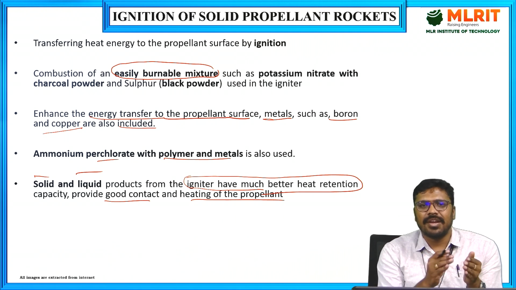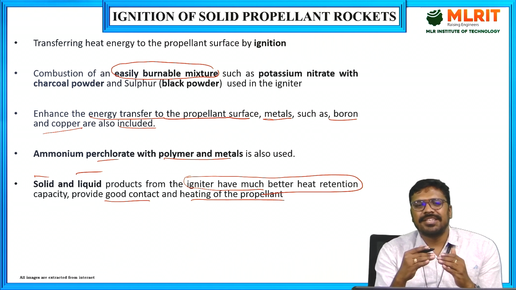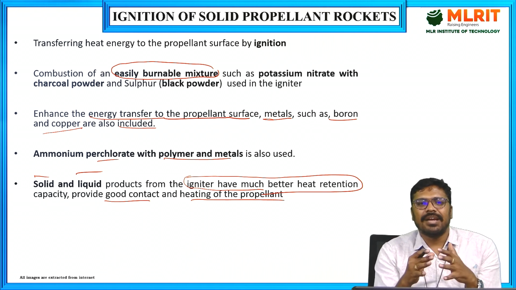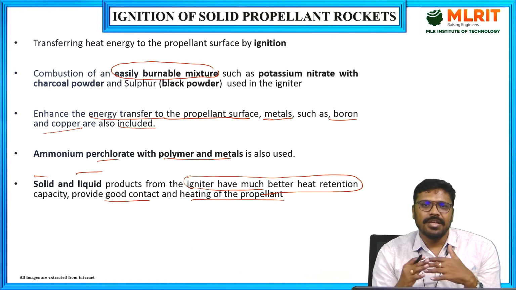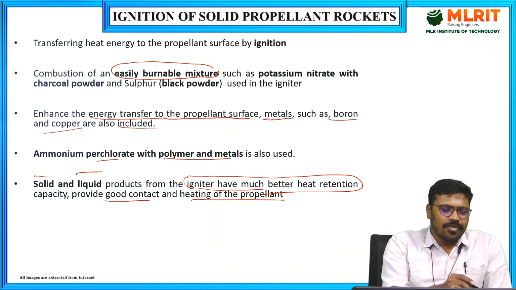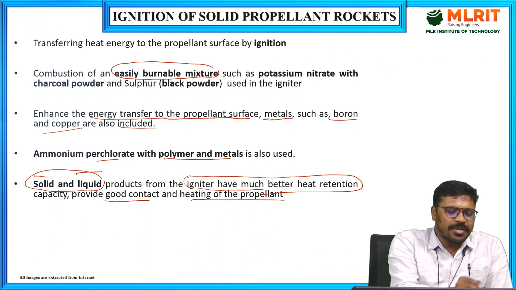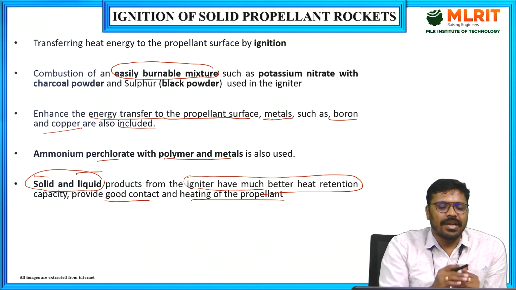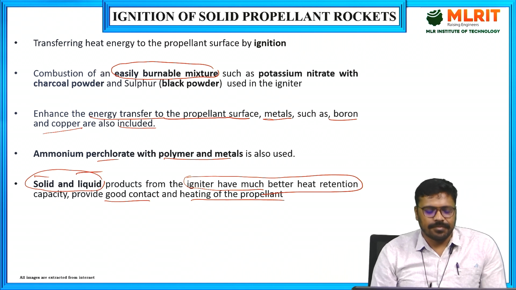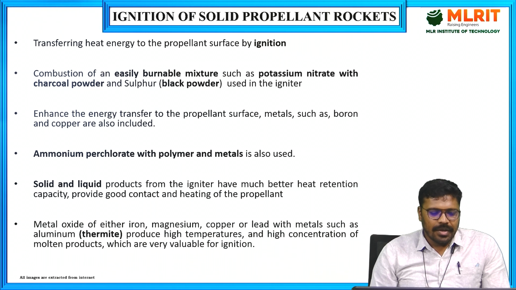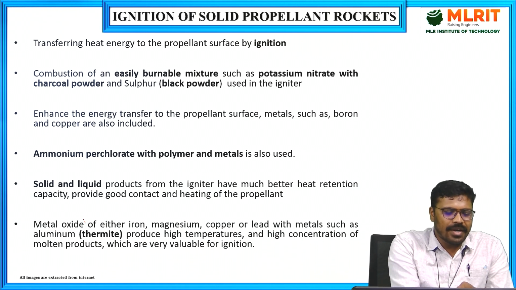When they contact the propellant grain, they transfer energy to it easily, and the propellant grain starts burning immediately. So we try to make the mixture such that it releases solid and liquid products from the igniter. Next, metal oxides. Even we add some metal oxides.